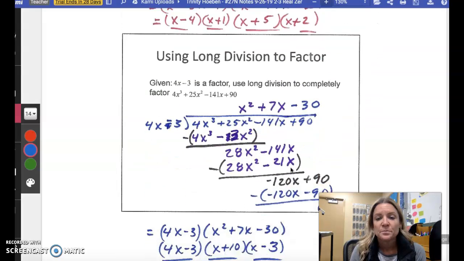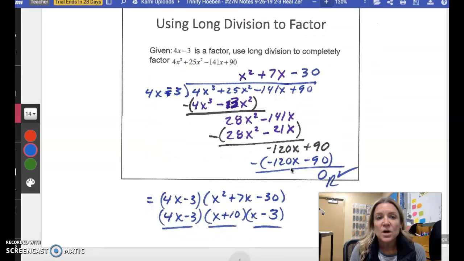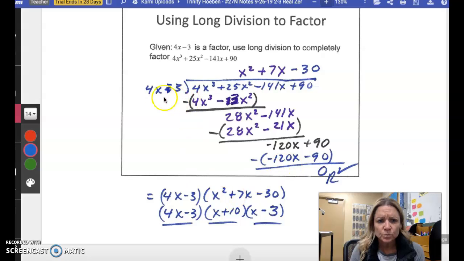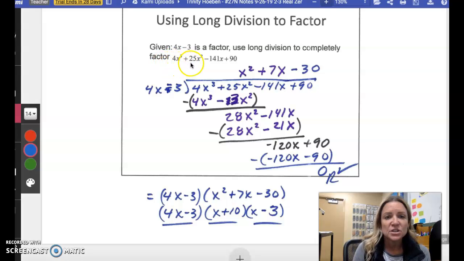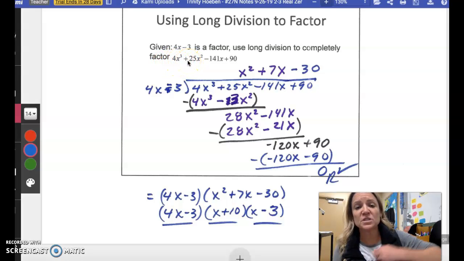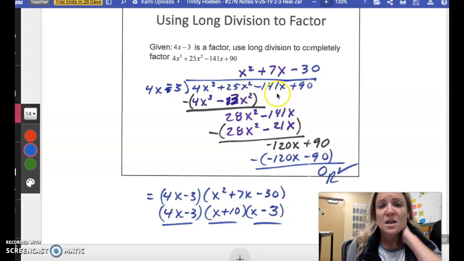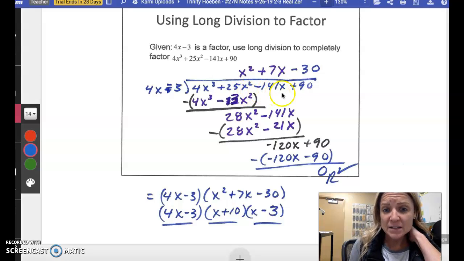All right? And the last one, we're given that 4x minus 3 is a factor. Use long division to factor the 4x cubed plus 25x squared minus 141x plus 90. Okay, so we should get 0 on this one.